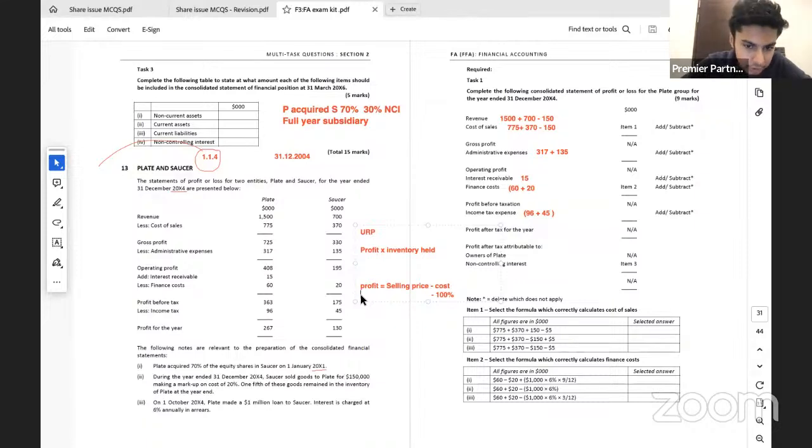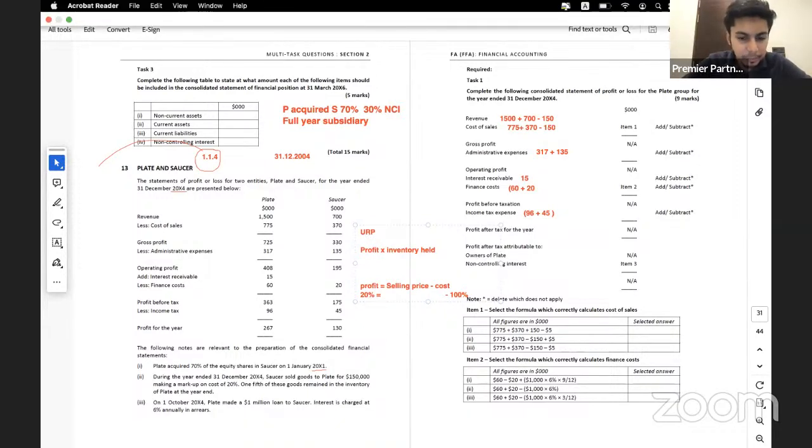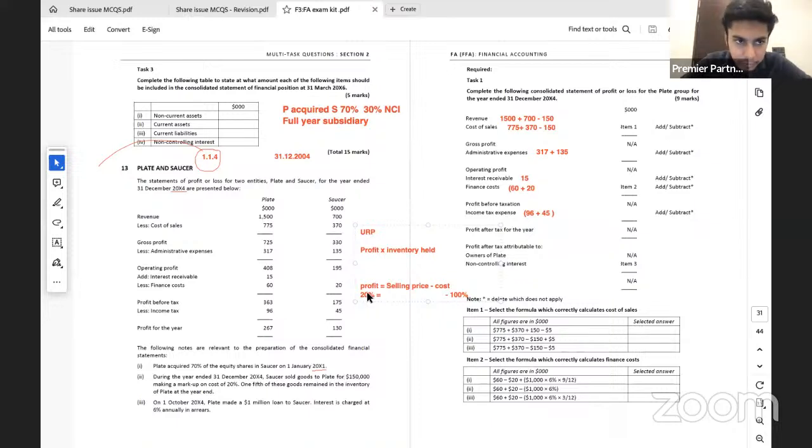The profit is 20%. From where did we get 20%? Here, markup of 20% means that's the profit. So, guys, now see, it's basic math. 20% profit, no? Cost is 100%, no? That means the selling price has to be how much percent in that case? If the profit is 20 and the cost is 100, the selling price has to be how much, guys? 120%.